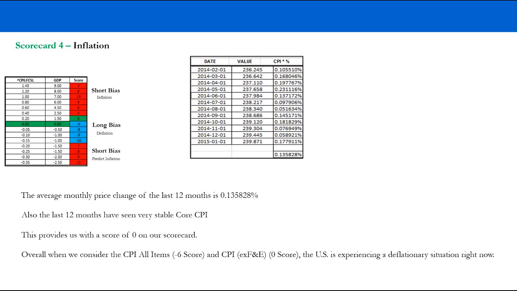So the message here is, regardless of how the CPI ex food and energy is perceived by the market, or how the CPI including food and energy is perceived by the market and the differences between them, the US is experiencing deflation in their CPI numbers.